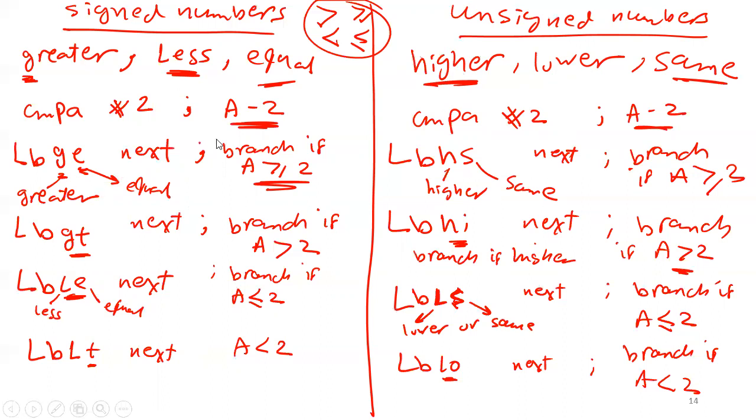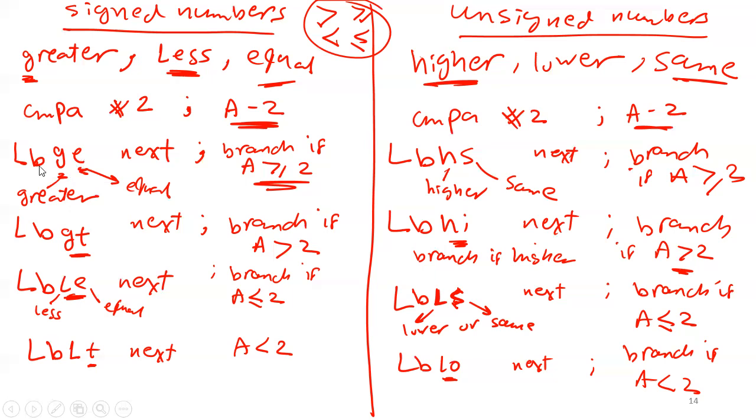This is how you can make a condition. Number 1, I have to compare, as I said. So I'm going to compare A to number 2. Number 2, then I'm going to use one of these instructions after compare. The first one here, B means branch, G means greater, E means equal.